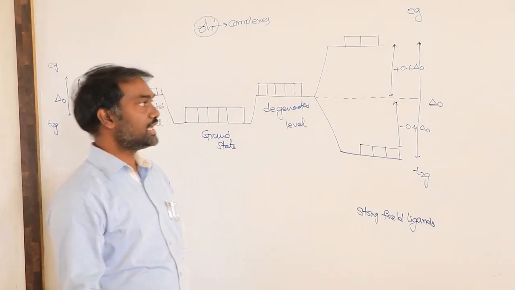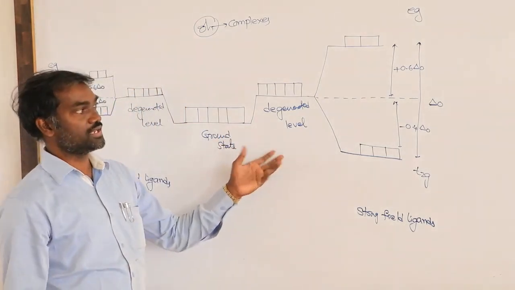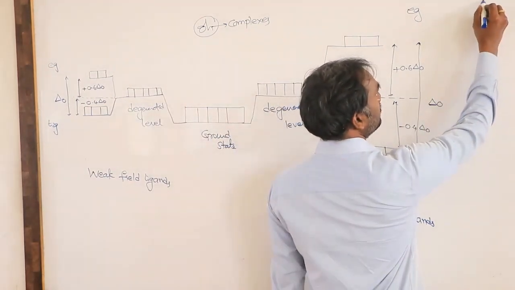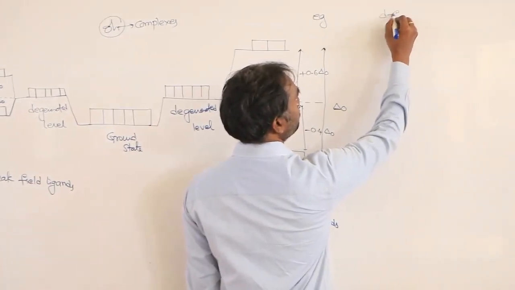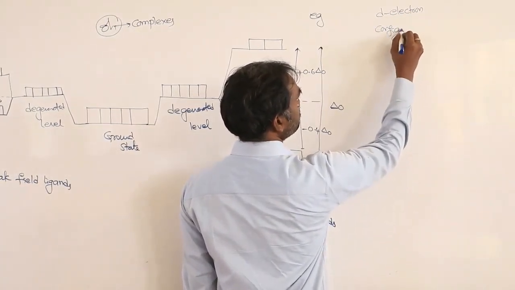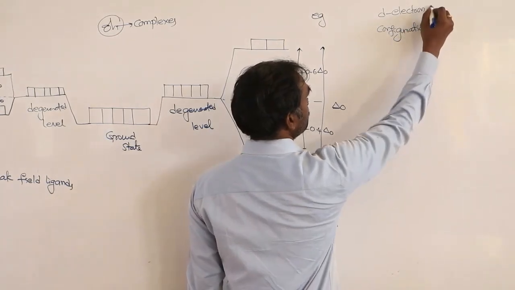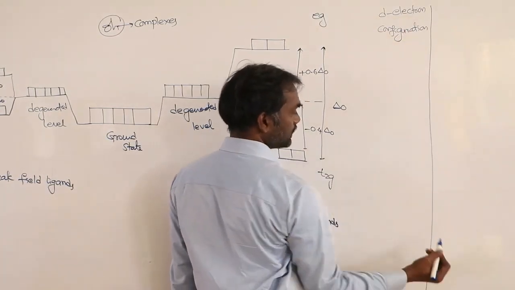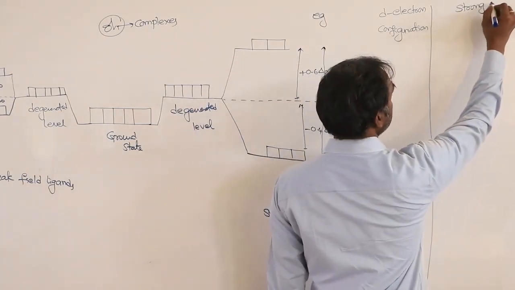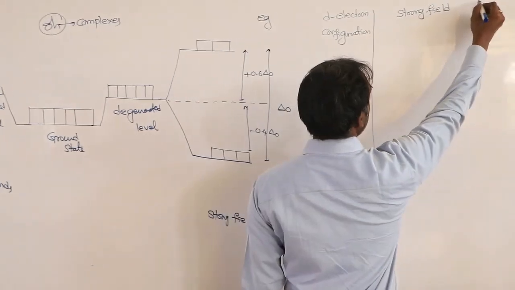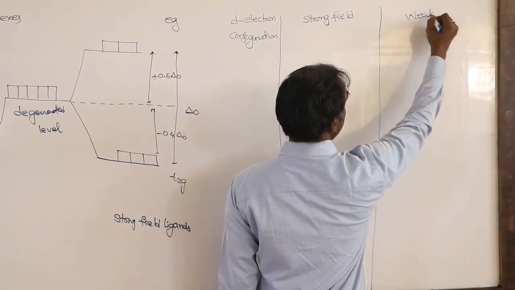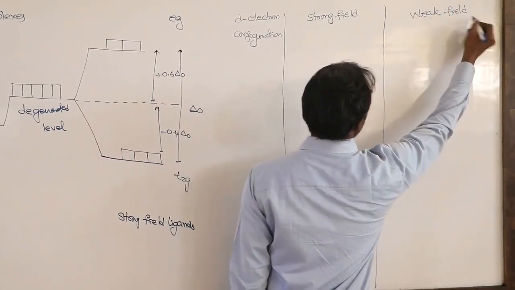So now, in what way are they asking for the d electronic configuration? One chart we can write is the d electron configuration. That is one. Next one is strong field. So one is the strong field classification, another one is the weak field configuration.